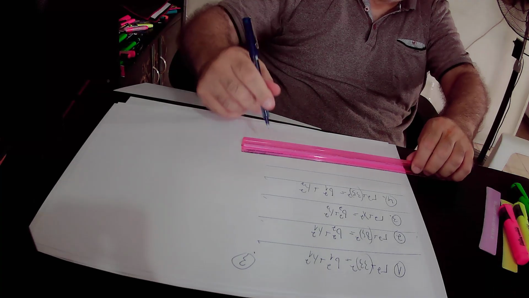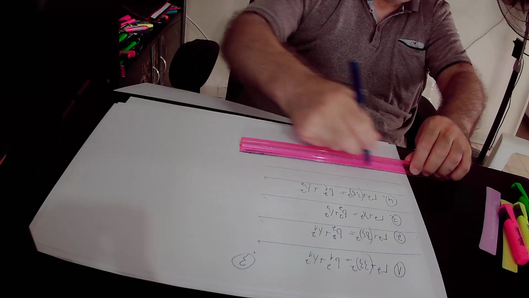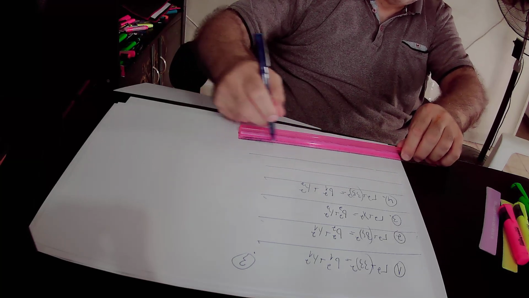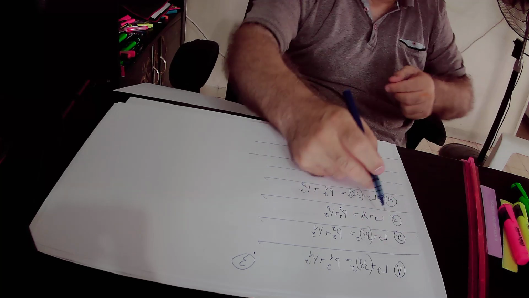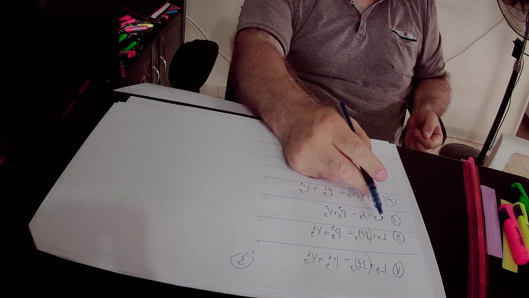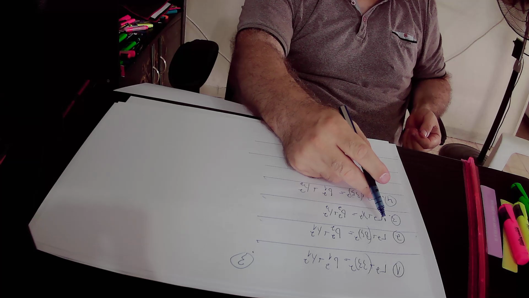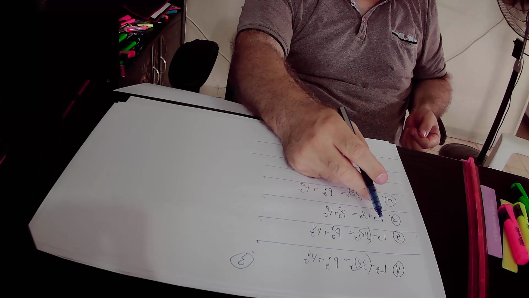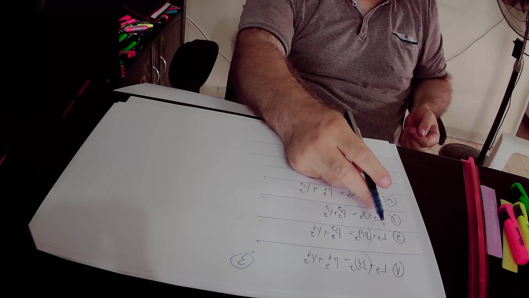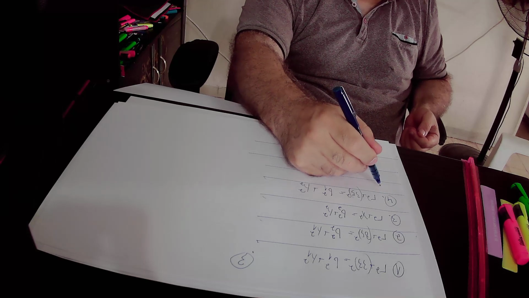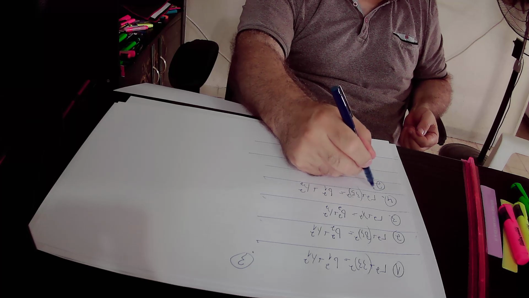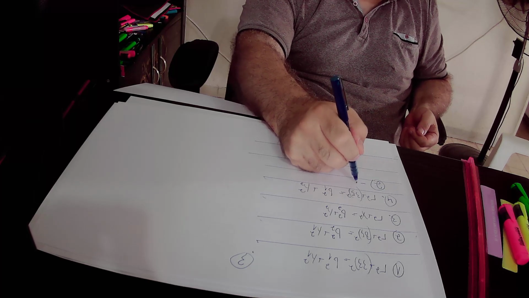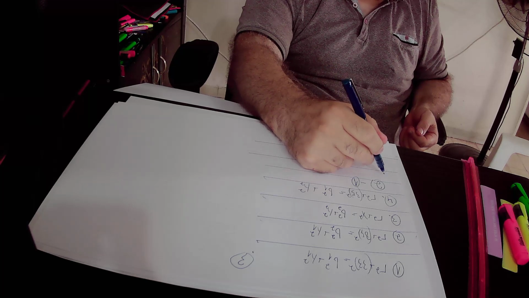In the next step, we subtract equation number 1 from equation number 2. So equation number 2 minus equation number 1 is here.